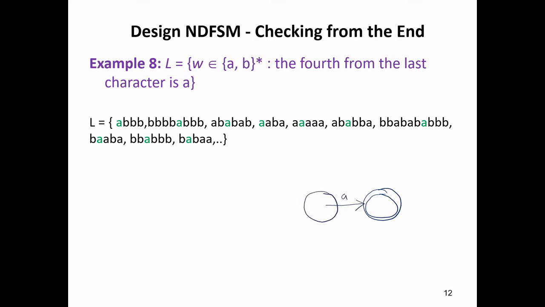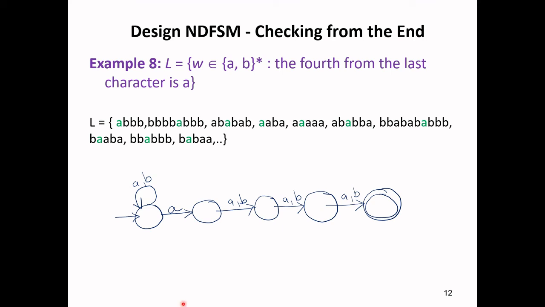So this can be A or B. Again, this can be A or B. Again, this can be A or B. Now what happens? This must be compulsory A. And before that, I can have any number of A's and B's.